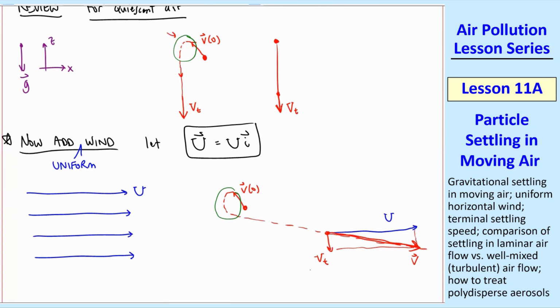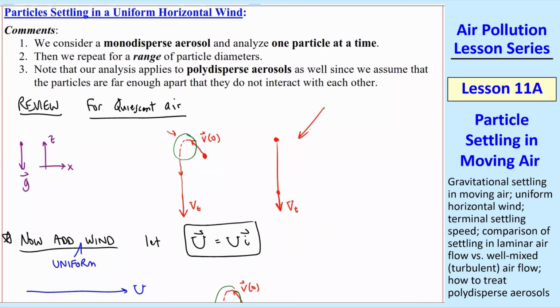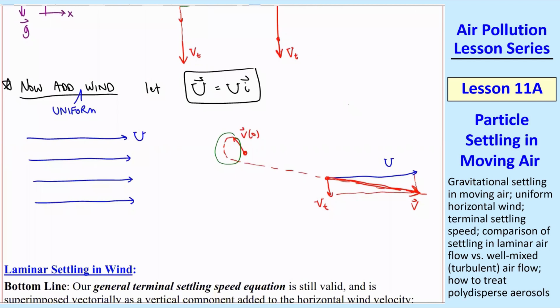What I'm showing here is from an absolute reference frame, but if you were moving with the wind, you would see this. You would just see the particle falling. So again, we ignore this green part here and just assume that as soon as the particle starts existing, it's going to start moving down and to the right. And at any point along this trajectory, it's moving at vt down and it's moving at capital U to the right.